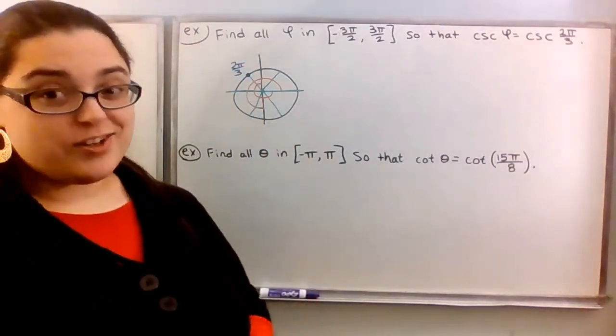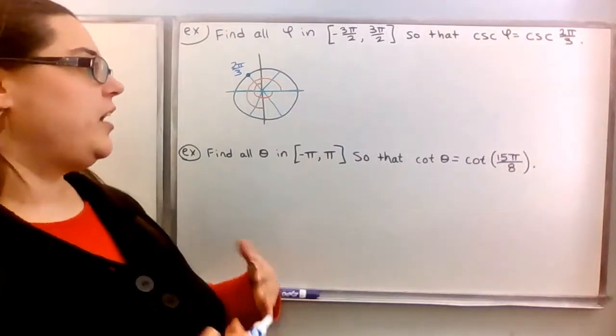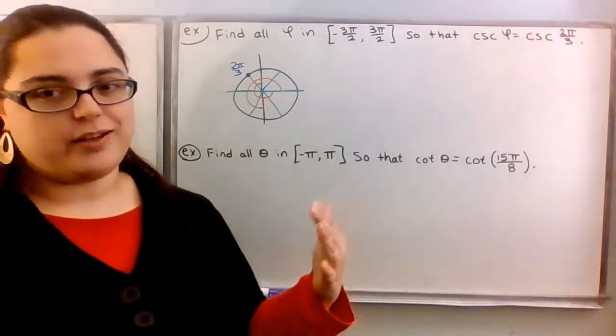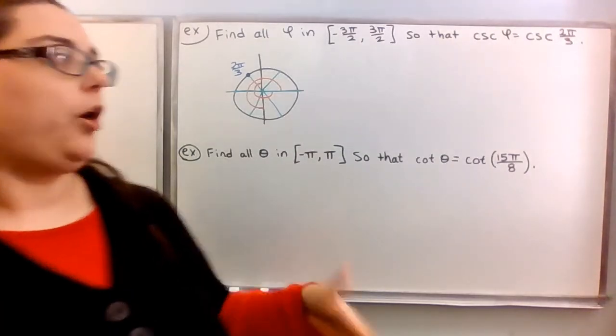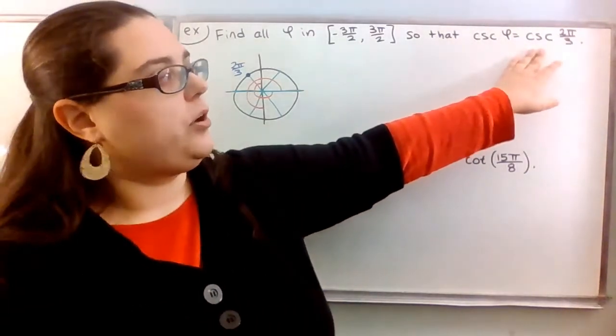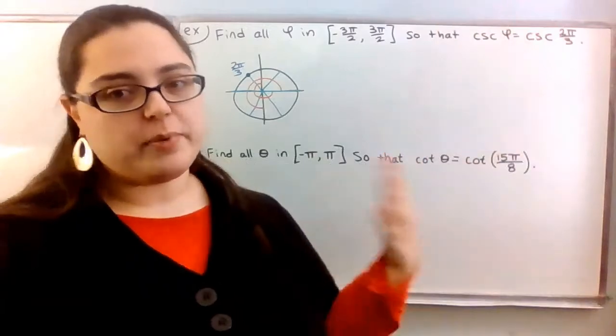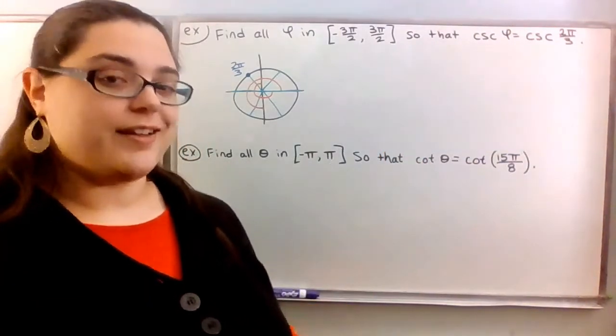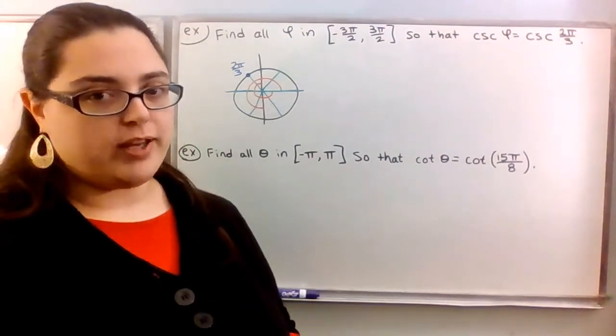All right, so now we have to figure out which of the green lines we're interested in hitting. So cosecant is the reciprocal of sine, and sine is based on the y value of the point. So that means that cosecant is going to be based on the y value of the point.